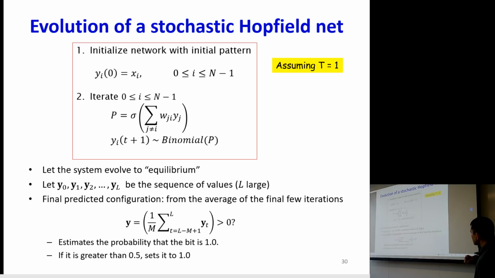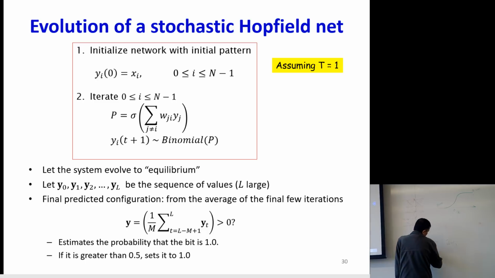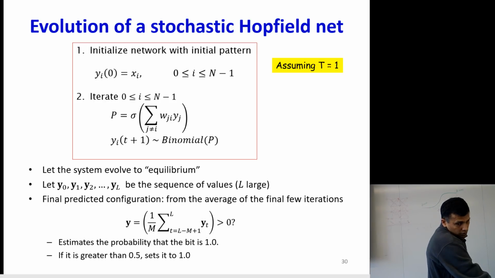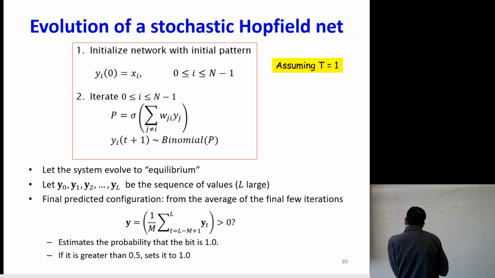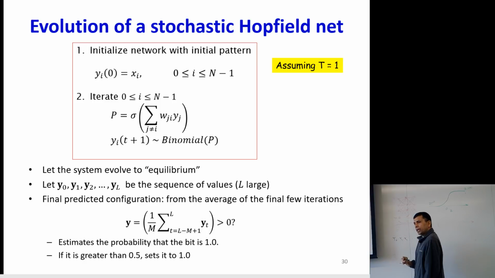So here's what we're going to do. I can let the system evolve like so: y0, y1, y2. It will keep evolving, keep flipping, and eventually you're going to get y90, y91, all the way to y99.